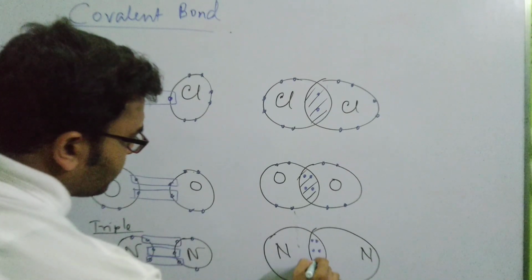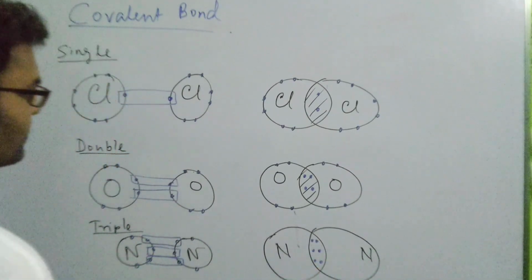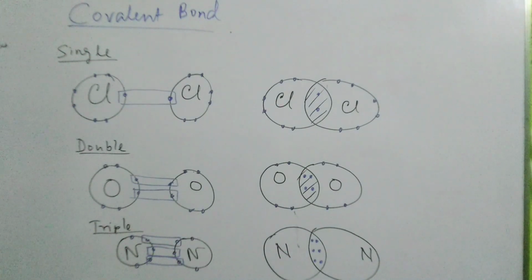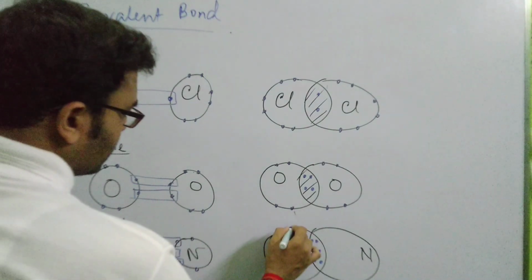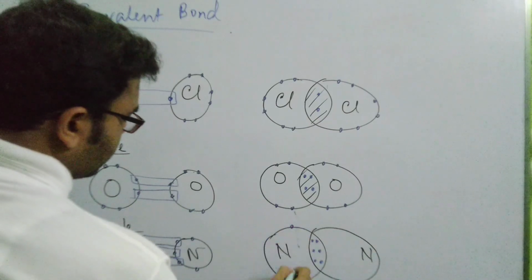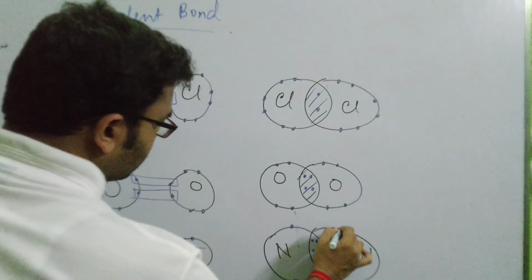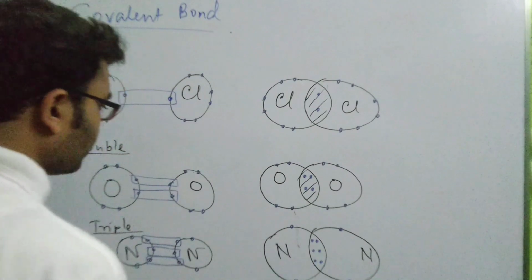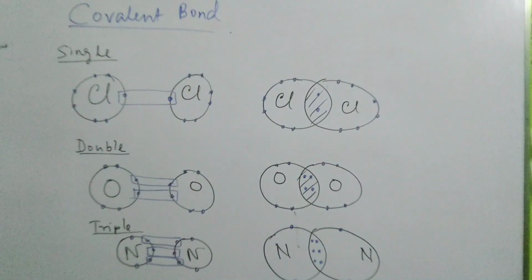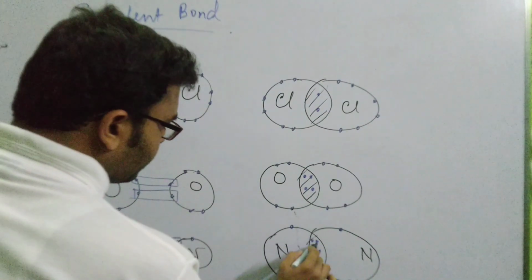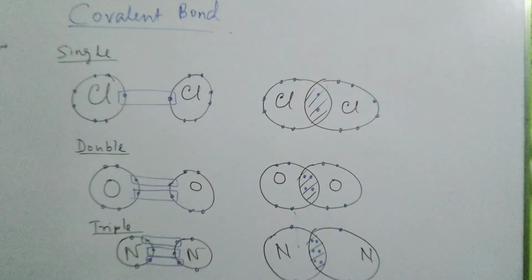Already 6 electrons are present, 7 and 8. If I consider these structures, you see that in this common space, in a triple covalent bond, 3 electron pairs are being shared. Is it visible? Yeah, it's visible. So this is the structure of a triple covalent bond.